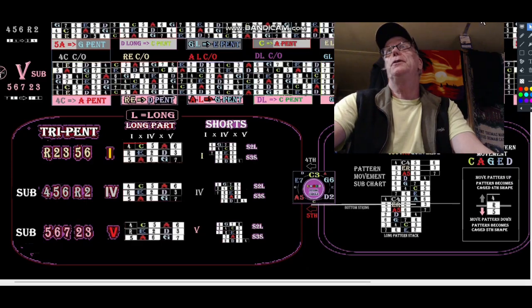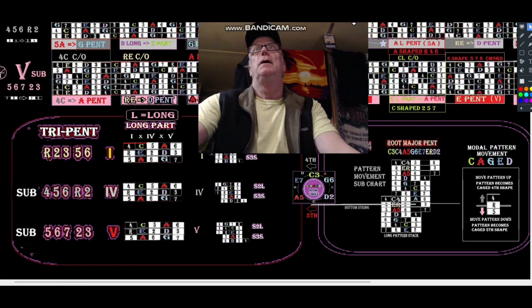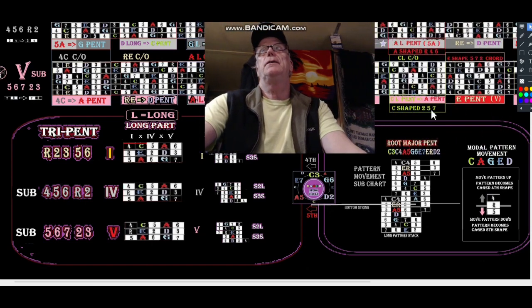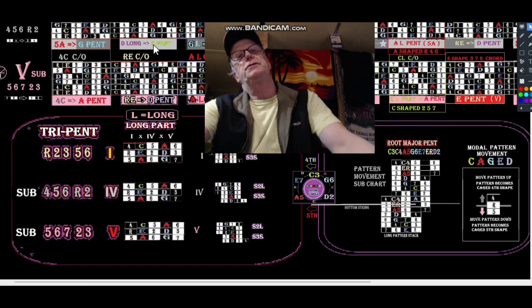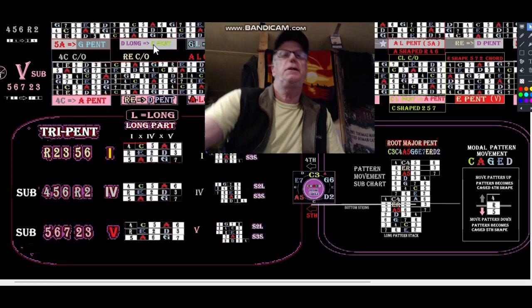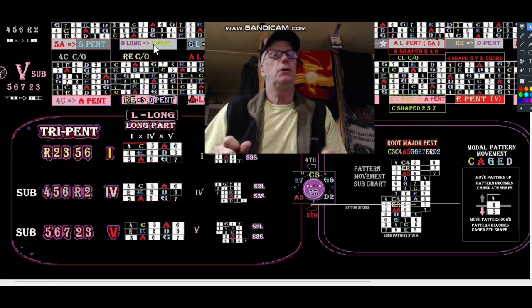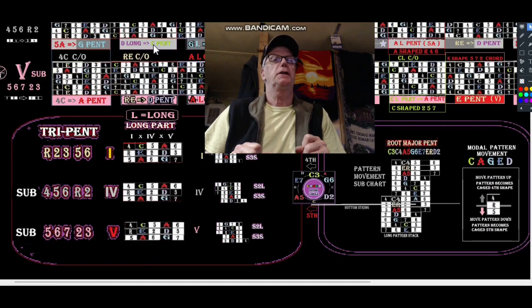I arrived at this and then eventually the entire chart, which we'll show towards the end of the lesson, how it actually works and defines the modal cages once and for all in tri-pentatonic long pattern modals with cutout options.